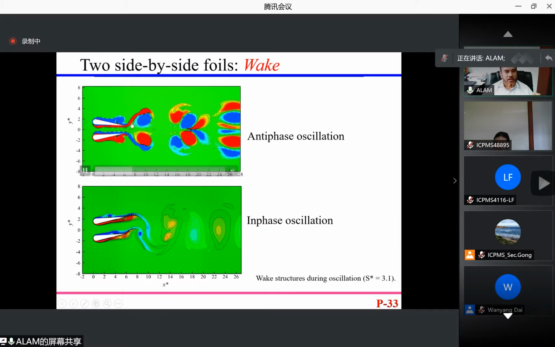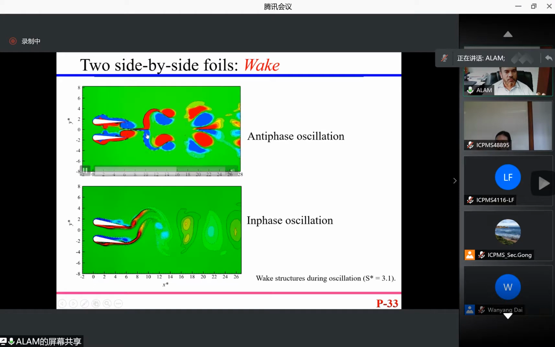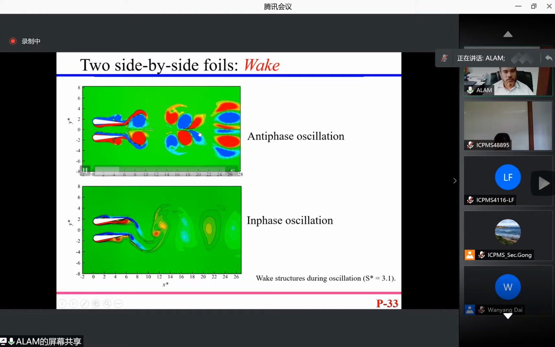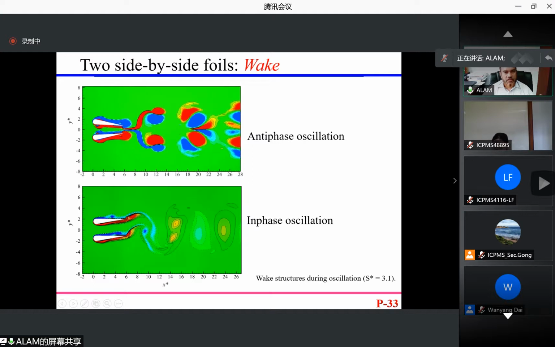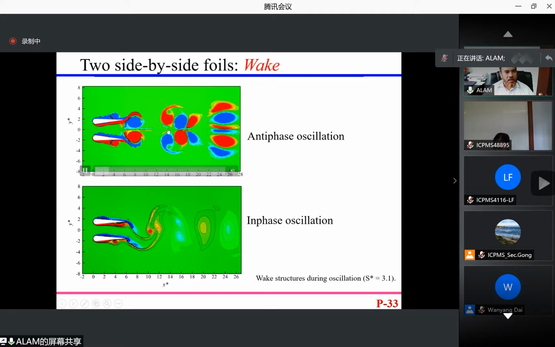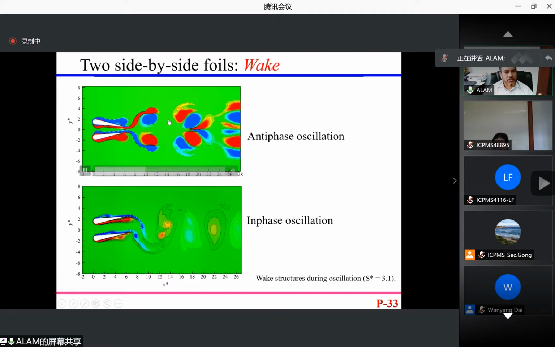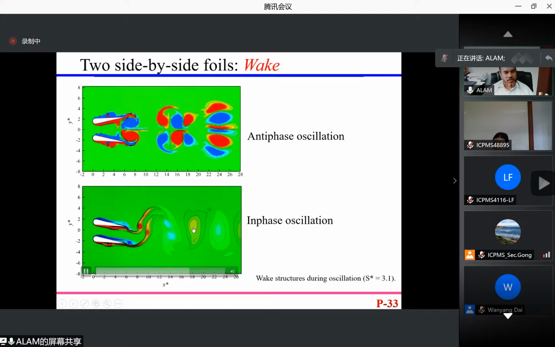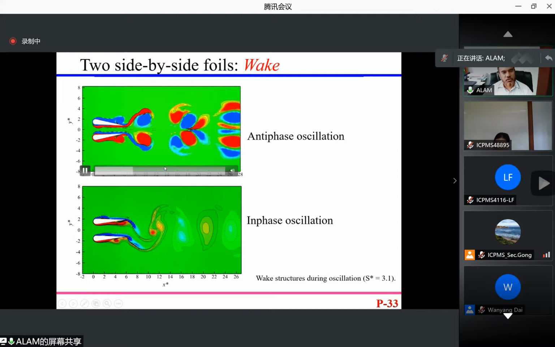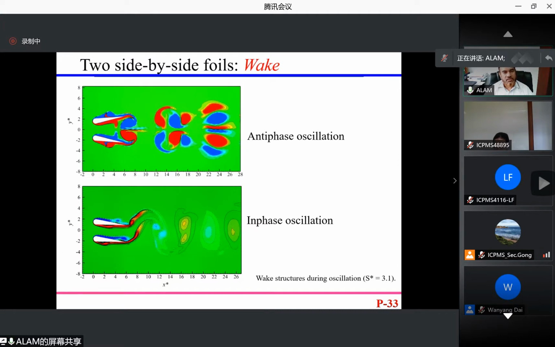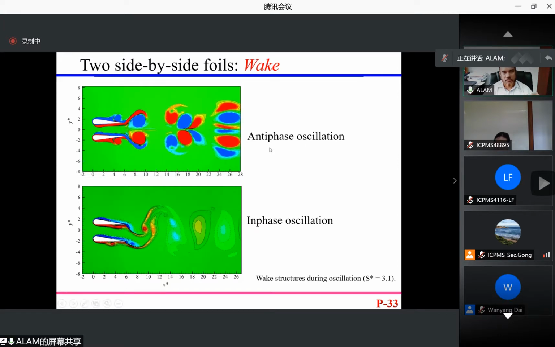This is the flow vorticity structure for the two conditions, anti-phase and in-phase. You see here we have the stronger vortices, of course the Karman vortices, but here the weaker vortices. That means formation of stronger vortices, stronger jet, actually corresponds to higher thrust and also higher efficiency.